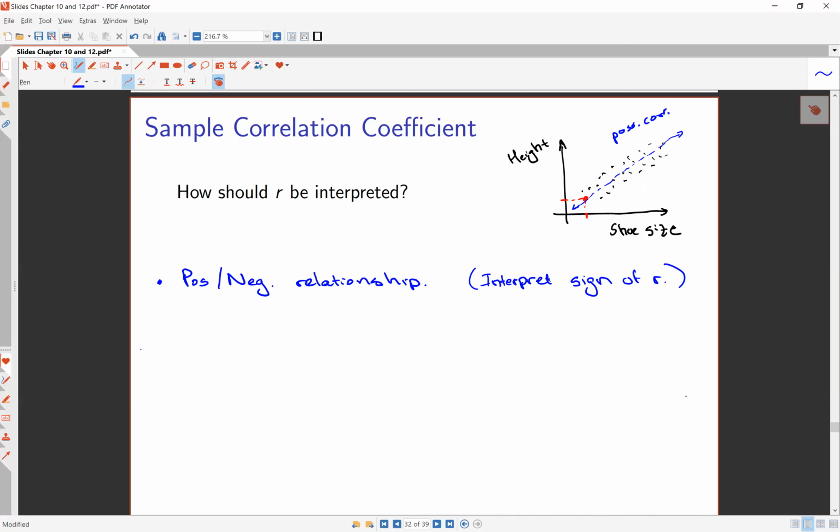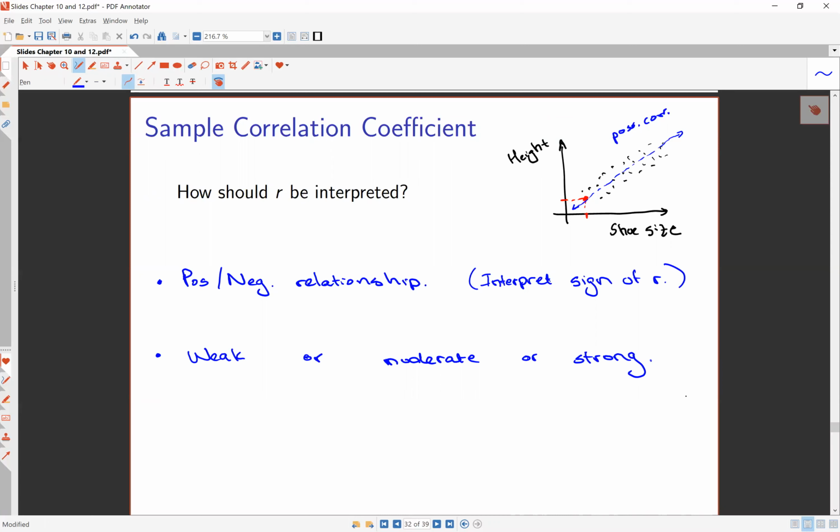And secondly, we interpret whether the correlation is weak or moderate or strong. Again, if you look at this example with shoe size and height, the strength of the relationship is a measure of how closely those points cluster around the line that we drew.